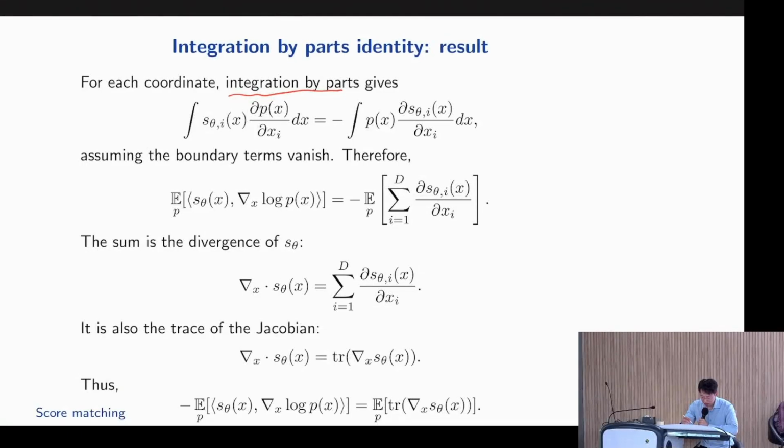So here, I'm just going to take it outside as an expectation. So that's the expectation of x under the p distribution, the summation over all the dimensions of ds_i/dx_i. And this expression, if you recall from calculus 1, is exactly the divergence of s_theta, the score network.